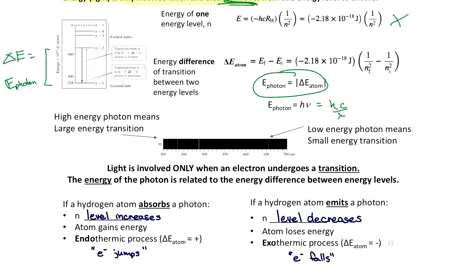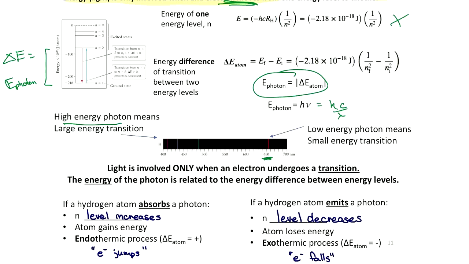What we see here is some high energy photons near the 400 region. These are high energy photons, so that means a large transition was involved. High energy photons mean short wavelength, high frequency, high energy, versus 600 nanometers, which is lower energy light. So what changes about the wavelength?